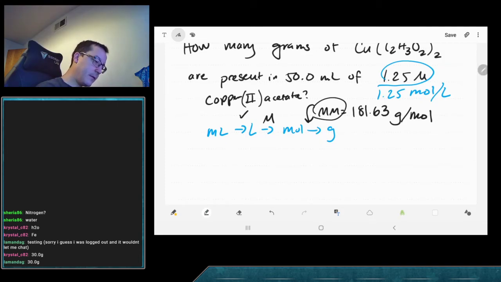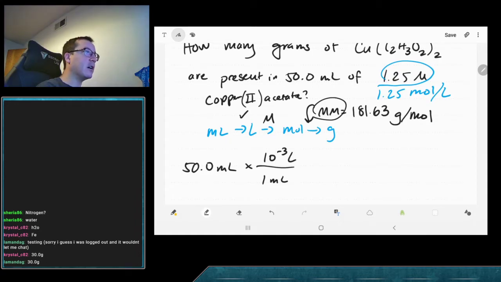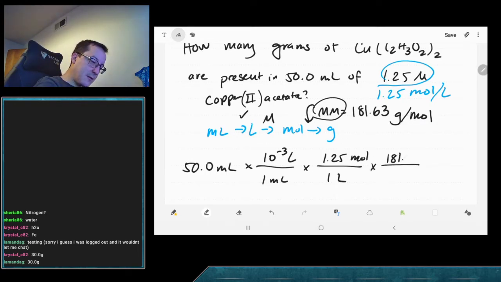So if we start with our 50 mLs, we can go ahead and do our metric part to get it into liters. We could then use our molarity. Notice that because liters was on top, we're putting liters on the bottom here, just like any other unit conversion. And then the last one, of course, was our molar mass.